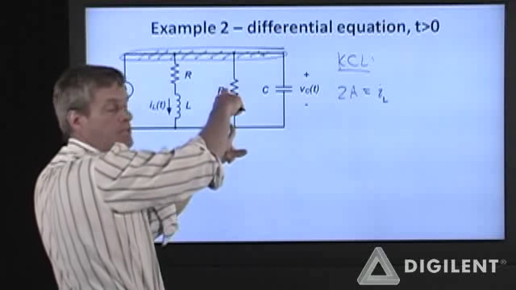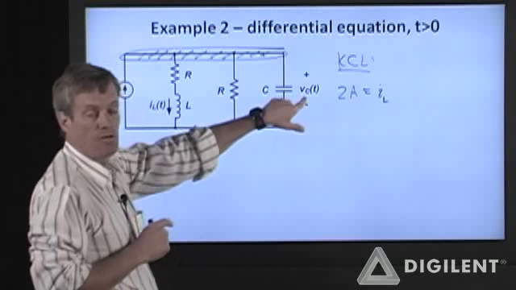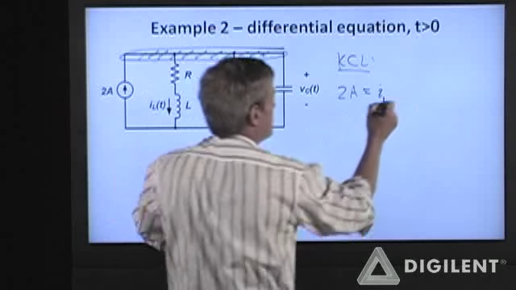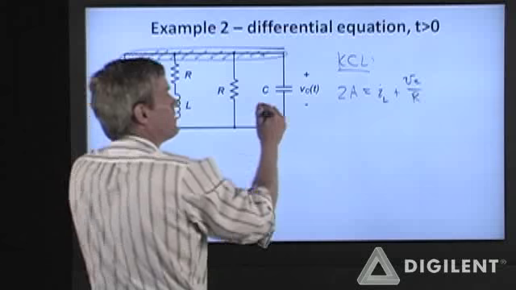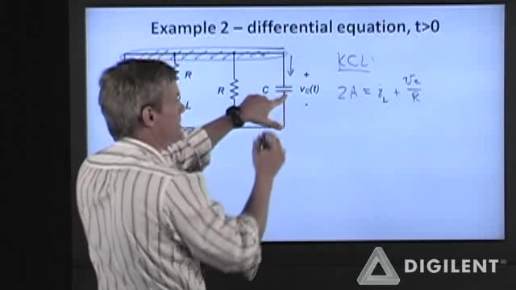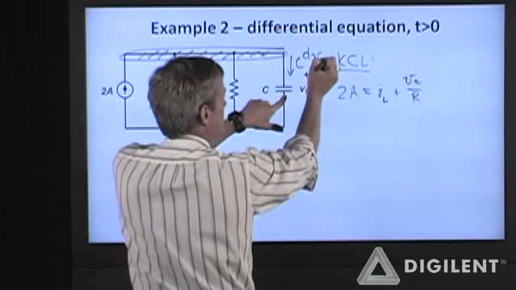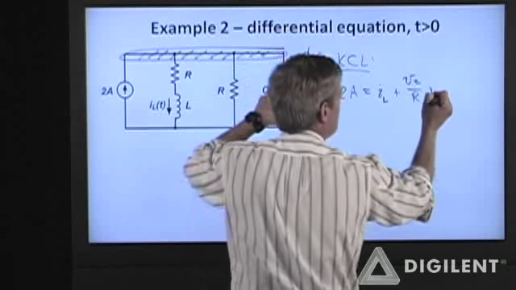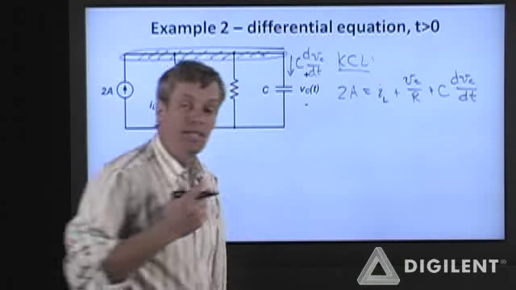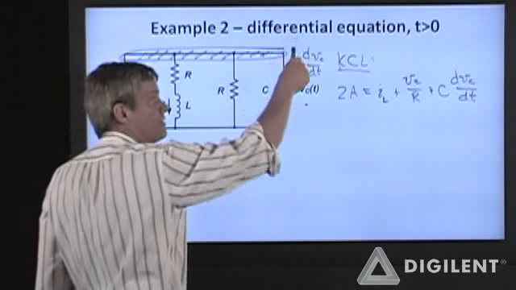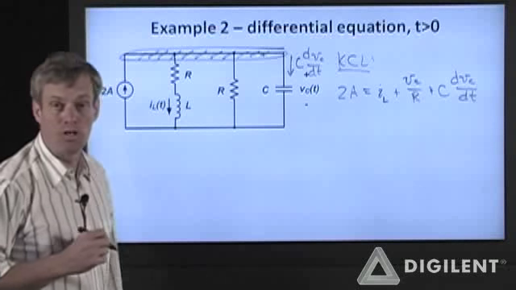The current through the resistor is the voltage across the resistor, which is just V sub c divided by the resistance. Plus the current through this capacitor, which is just C dVc by dt. Pay attention to your passive sign convention. Current has to be entering the positive voltage node.